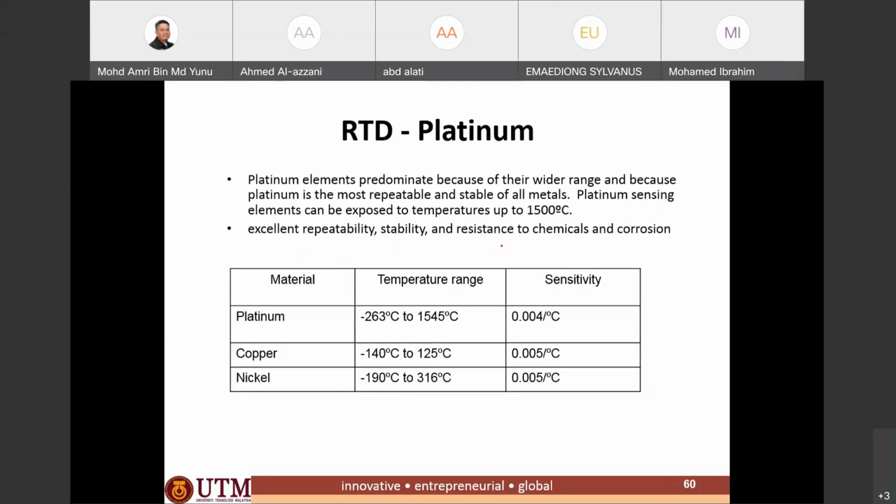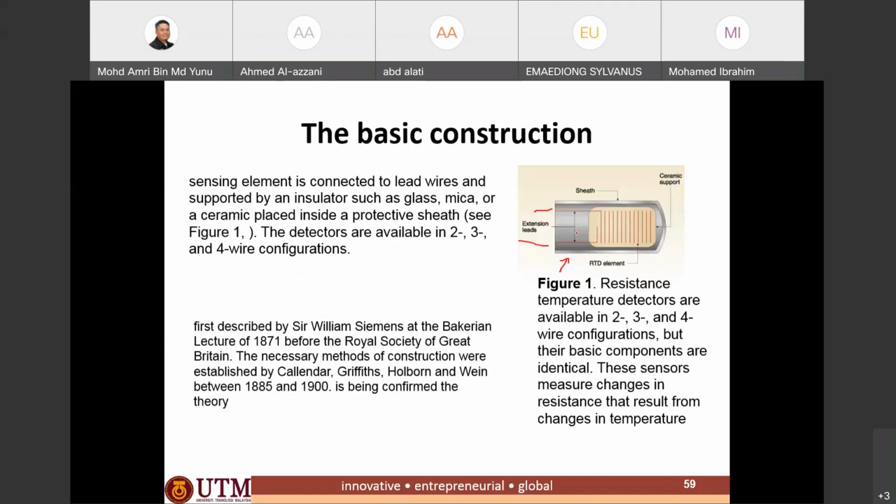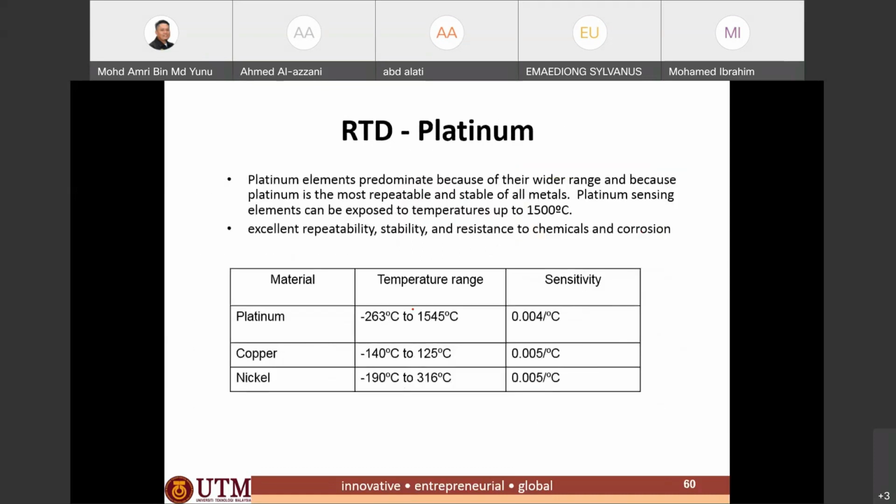Platinum is less reactive to chemicals, especially to the support, so when the sensor is heated up, platinum is less likely to absorb some of the impurities.